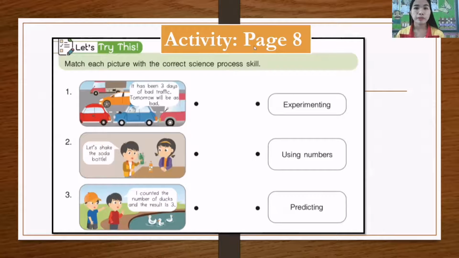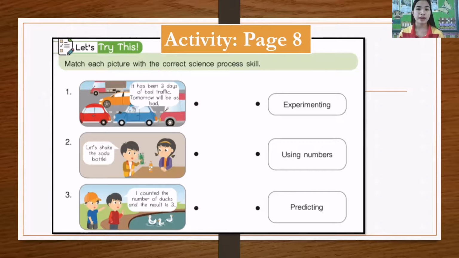Open your book on page 8. Page 8. So what you will do here is, you will match each picture with the correct science process skill. So for example, in number 1, I will read first the statement there. It has been 3 days of bad traffic.